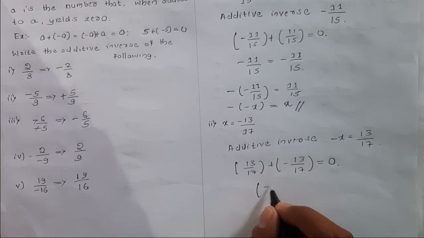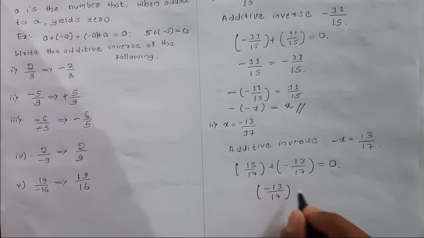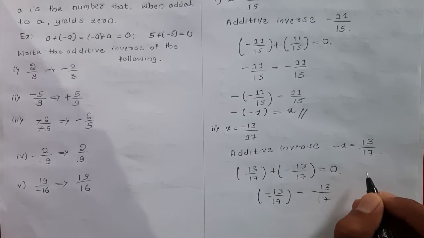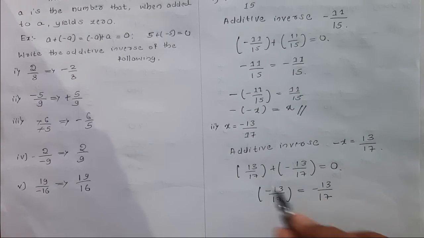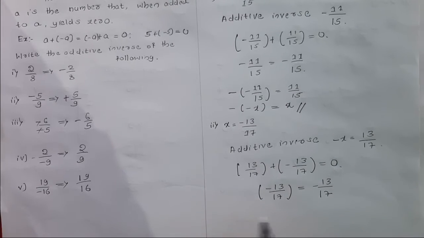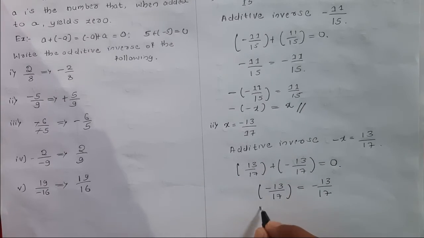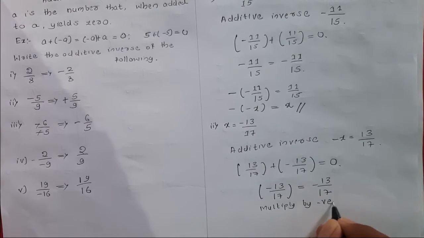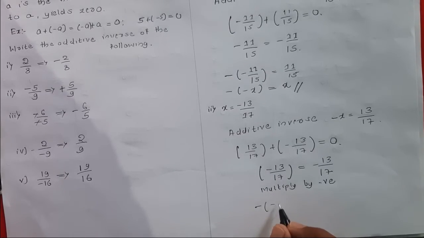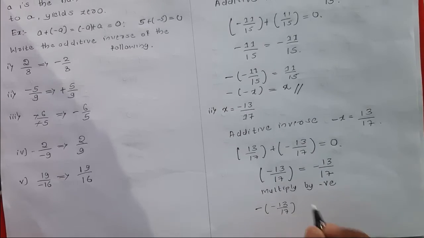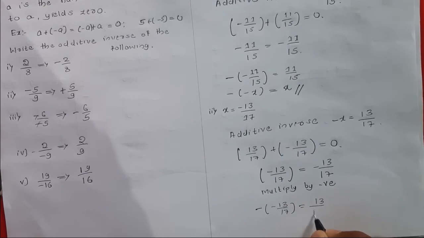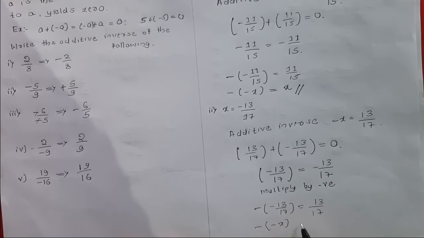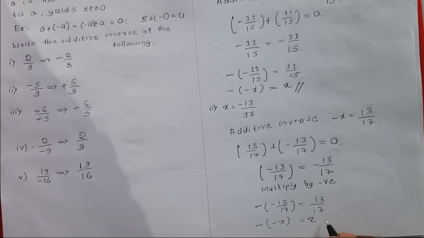Next, minus of 13 by 17, that's equal to minus 13 by 17. Here you transfer to the right hand side, the sign gets changed. Then multiplication of the two signs, multiply by negative sign, minus of minus 13 by 17 equal to 13 by 17. The given is minus of minus x is equal to x. Hence the condition is proved.